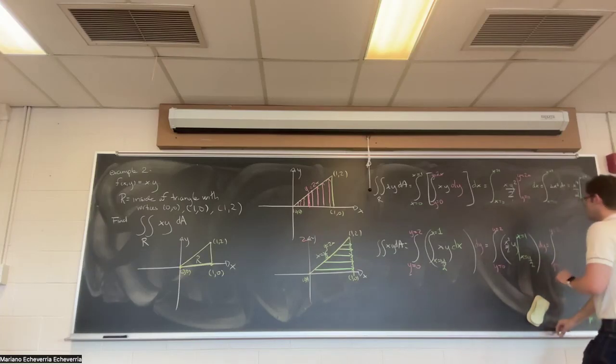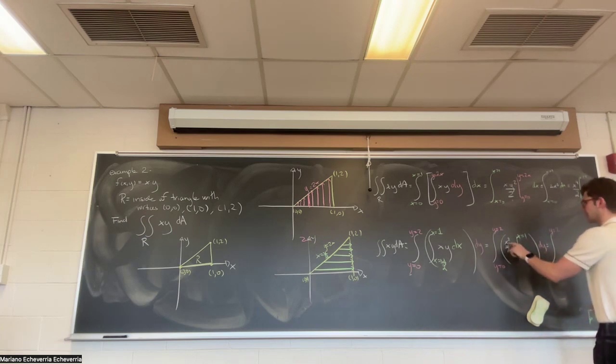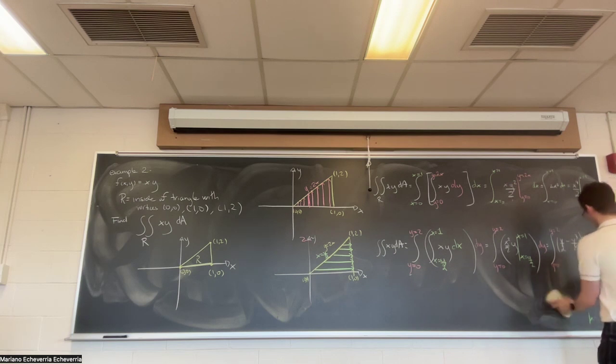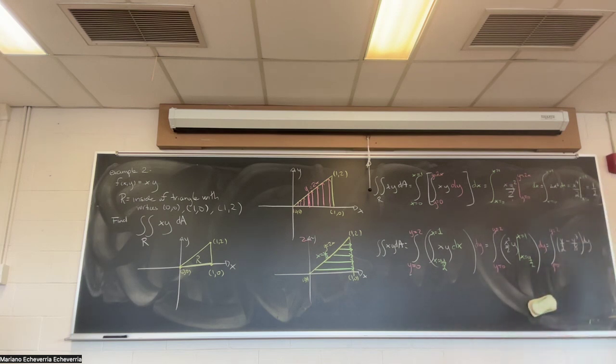So yeah, when you do this, x equals 1 gives you y over 2. And then x equals y over 2 gives you y cubed over 8. So that's what you want to integrate in the end.